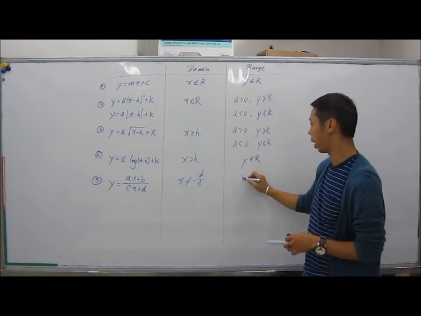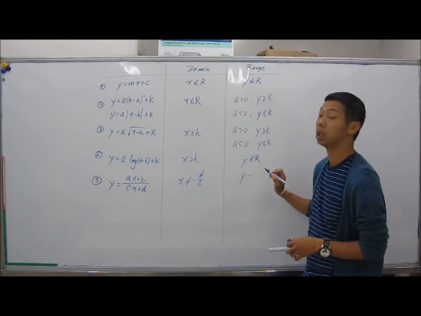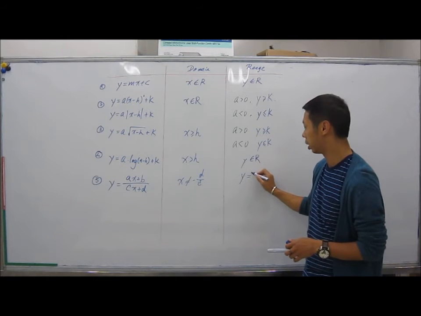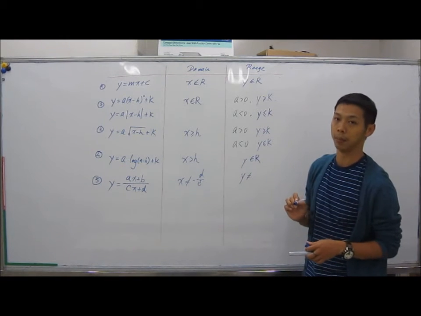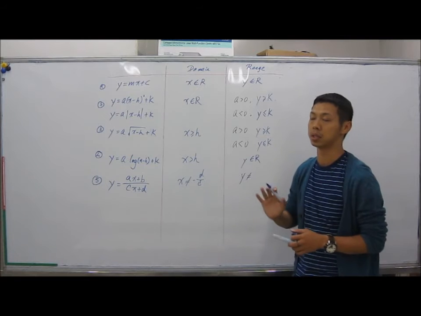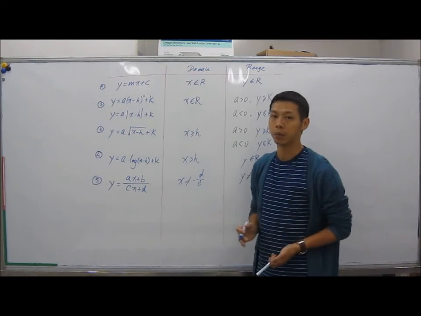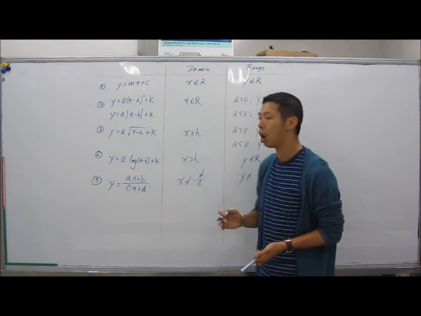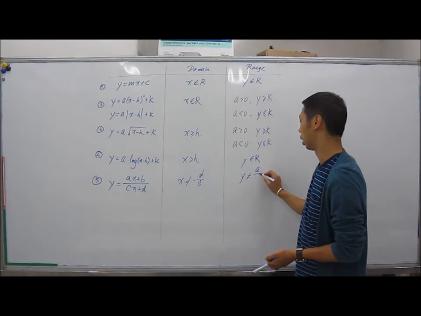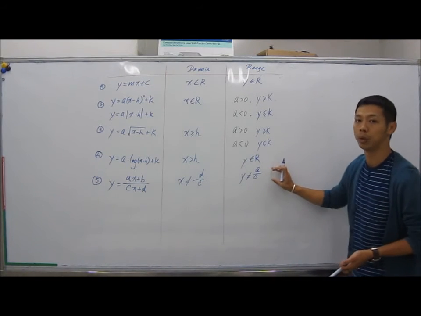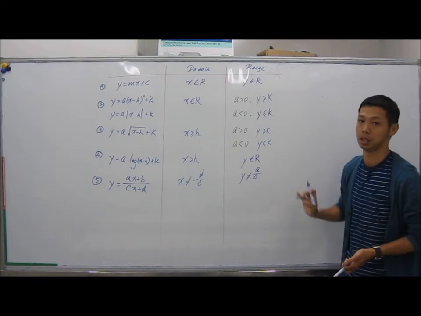And for the range, we are going to say not equal to something. But what is this? Actually, we can find it by the inverse function, or another way. Later I am going to show you the result will be a over c.